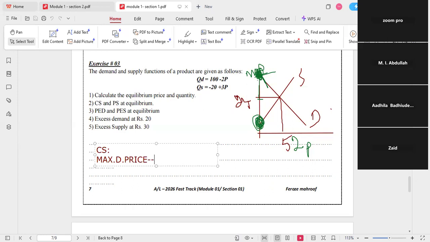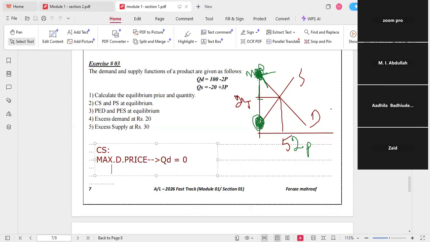In the equation method, when calculating consumer surplus, the first step is the maximum demand price calculation. So how to find the maximum demand price? QD must be equal to 0.